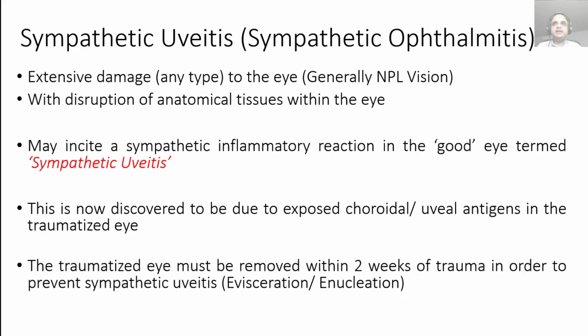So the idea is that if you remove the traumatized eye within 2 weeks of the trauma, this sympathizing action could be avoided. And the way to remove this eye is either evisceration or enucleation. We'll talk about both of these in a bit, but this must be done. You must talk to your patient: look, the eye has so much destruction within it, it has no viable vision, and if you don't take this out, even the good eye might be affected.